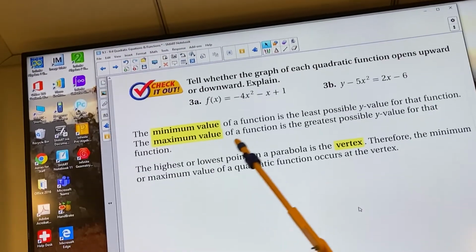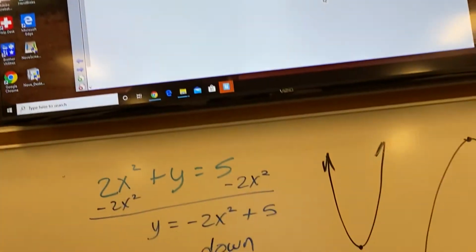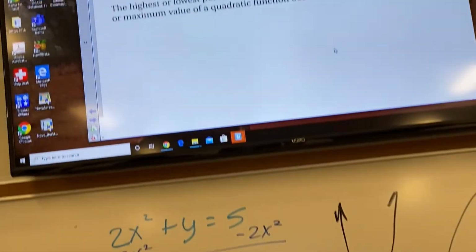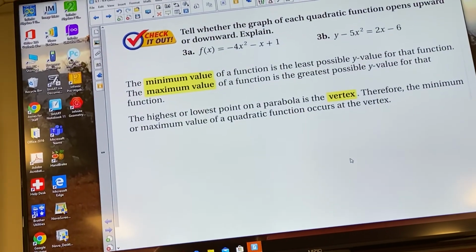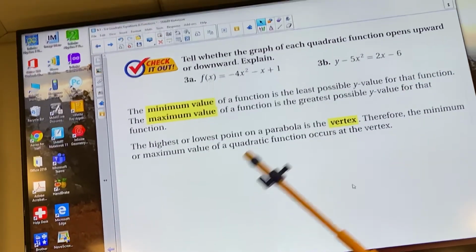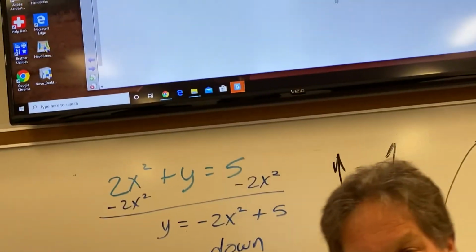A maximum value of a function is the greatest possible value for the function, and it's also the y coordinate of the vertex. The highest or lowest point on the parabola is a vertex. Therefore, the minimum or maximum value of a quadratic function occurs at the vertex. And I've already told you that. Okay.